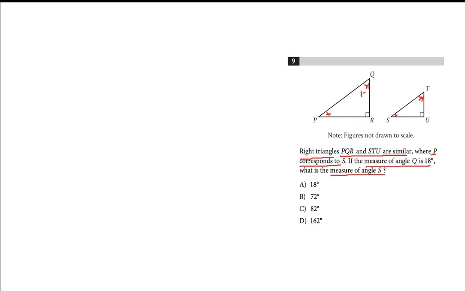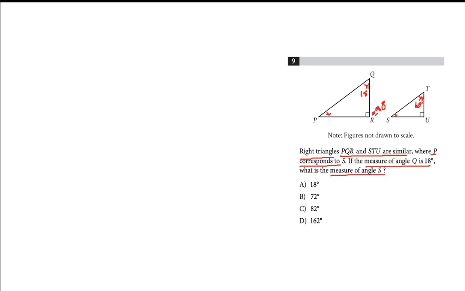We know that angle Q is 18 degrees, so I'm going to write angle Q is equal to 18. We know that angle T is congruent to 18 degrees because both triangles are similar. Now we know that angle R is equal to 90 degrees, so I'm going to write R equals 90 degrees.